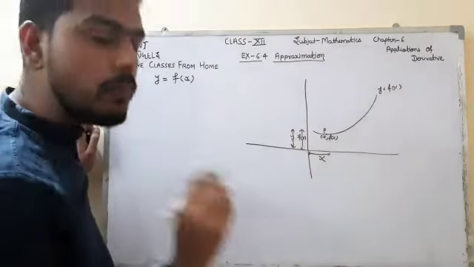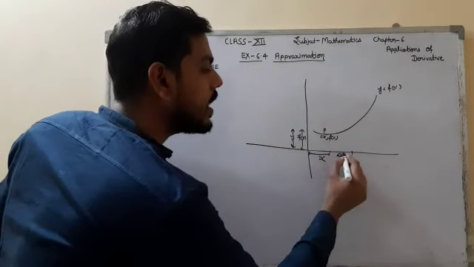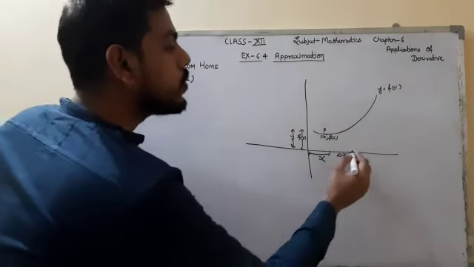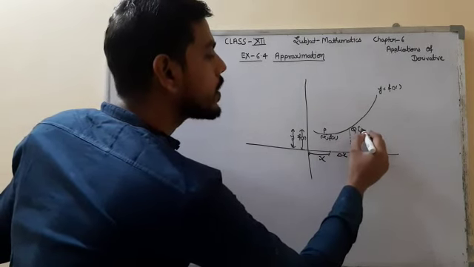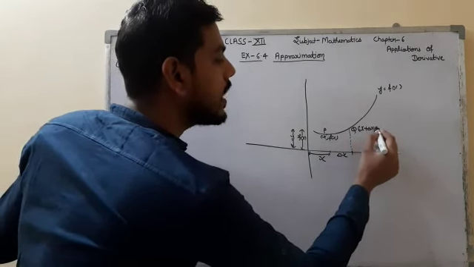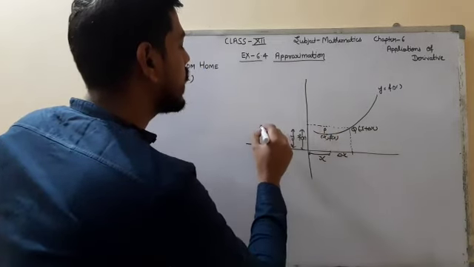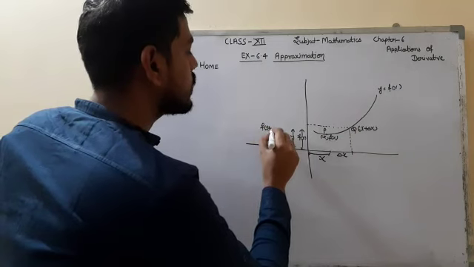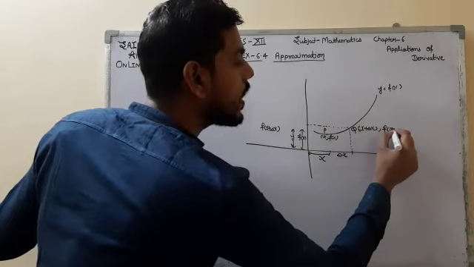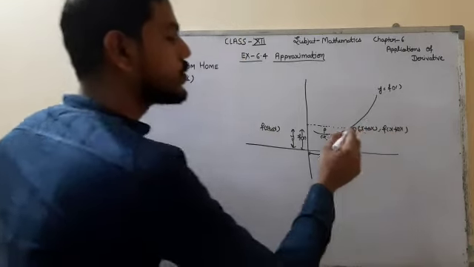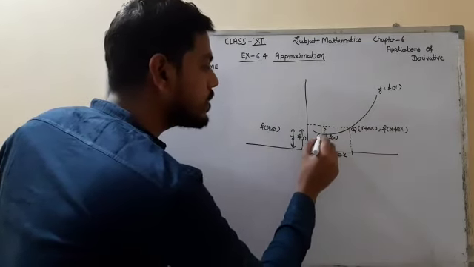If I make a small increment in x, suppose that is delta x, the coordinate of point Q would be x plus delta x, and my y becomes f(x plus delta x). So it would be (x plus delta x, f(x plus delta x)). These are the coordinates of Q and these are the coordinates of P.